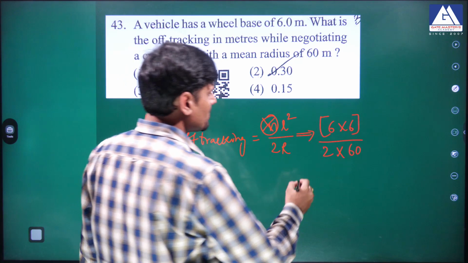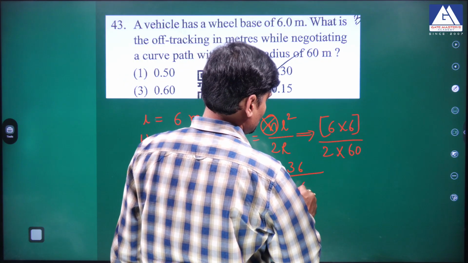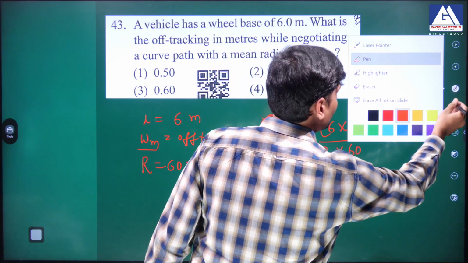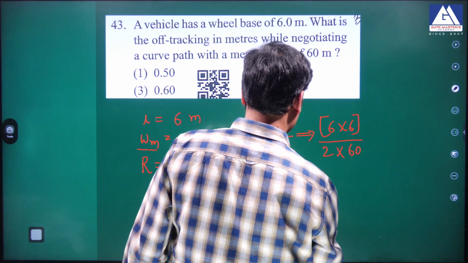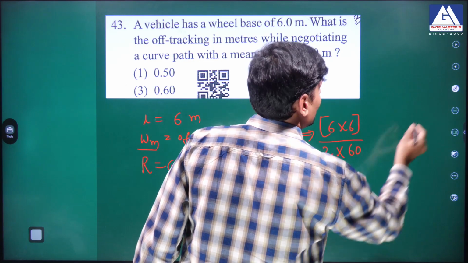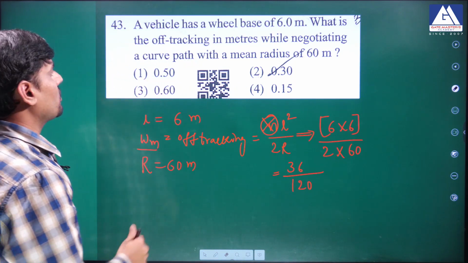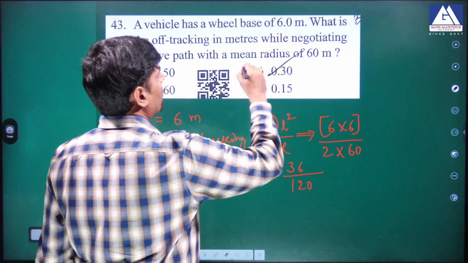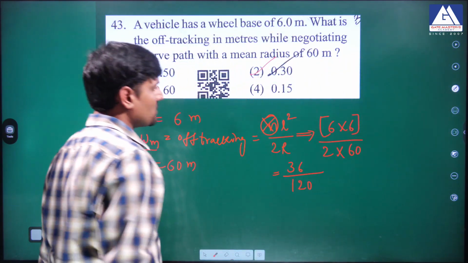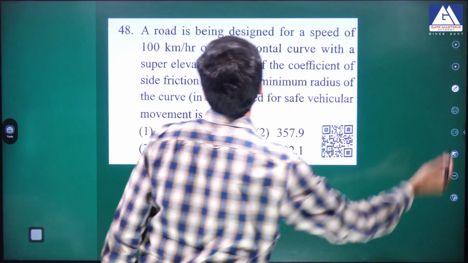This is 36 divided by 2 into 60, 120. If you solve this, you will get option 0.30. This is the correct answer. Moving on.